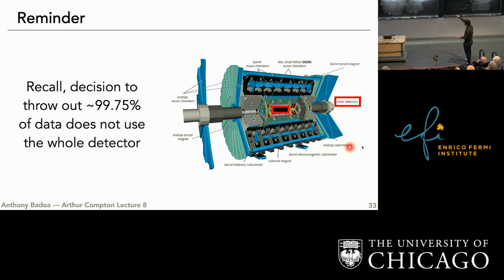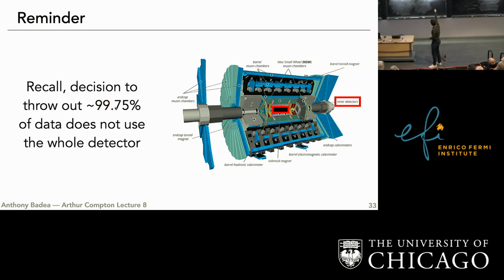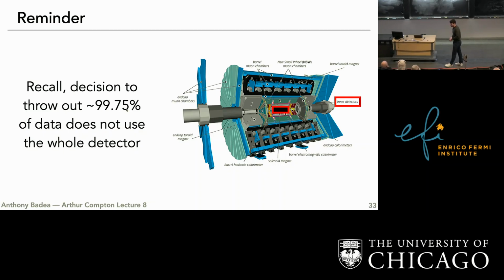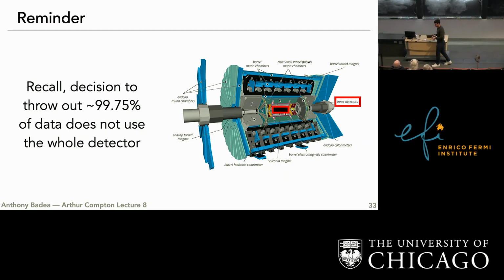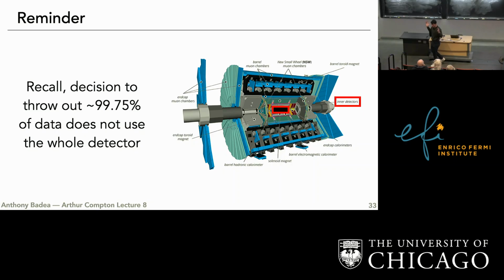And to reiterate, this is a slide from I think the 4th lecture, where in our current decision making, we throw out 99.75% of the data. We don't use the data from the innermost piece of the detector, the most sensitive parts of the detector for the momentum. We don't use it at all.